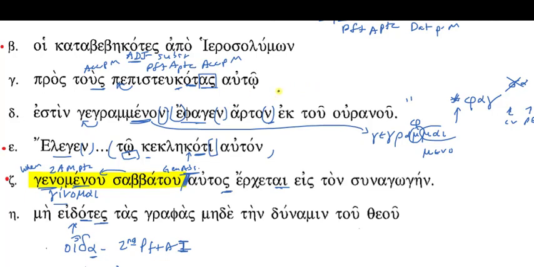Yes. Because the pepistukotas, let's say if we were parsing, that could have said 'having believed', right? Yes, it is possible. Like if this were an adverbial participle, then it might be something like 'having believed'. But whoever it's describing would have to be accusative plural in the context.